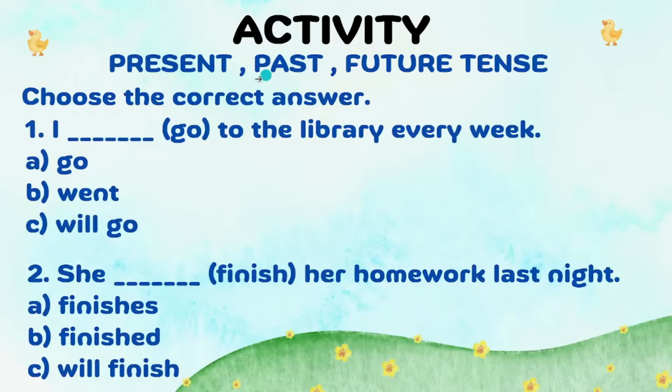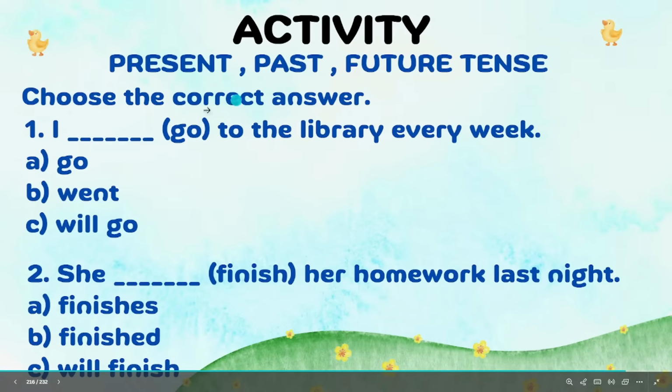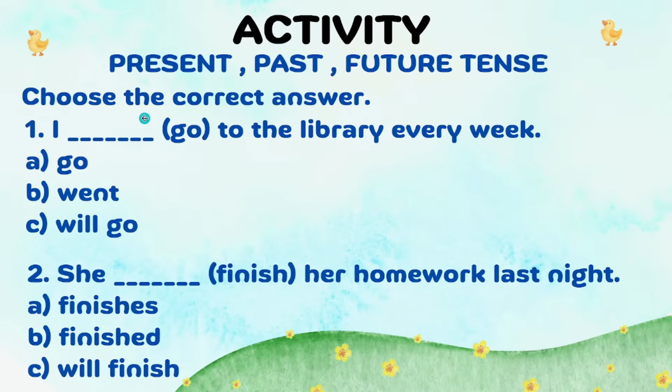Okay. I will give you again an activity. Okay? For present, past, and future tense. Okay, here. It says that you have to choose the correct answer. So, it says here that I, this is the verb. What is the correct answer here?